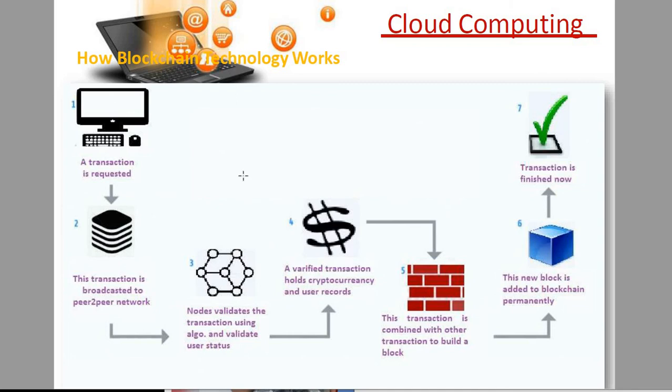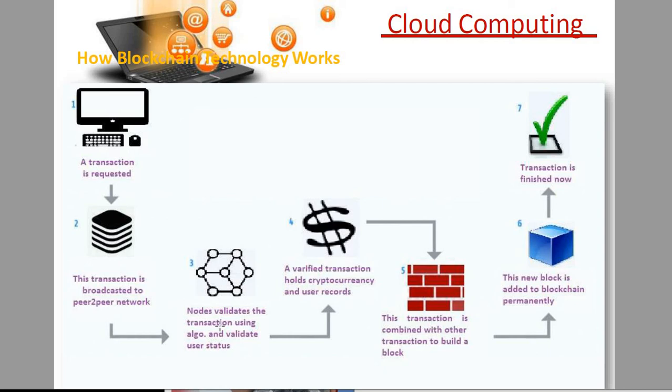Now, how blockchain technology works. This is your system. If a user does any transaction, then the transaction is requested and it goes to the network. That is, the transaction is broadcast to a peer-to-peer network. Then it goes to the nodes where the transaction will happen.